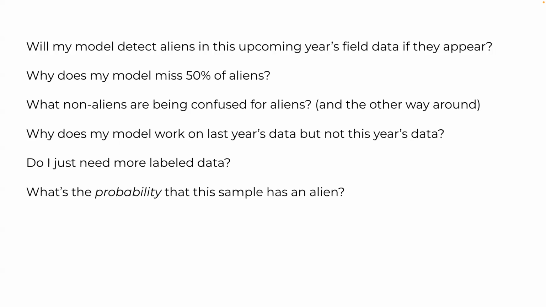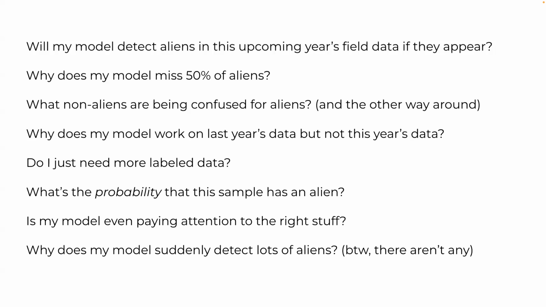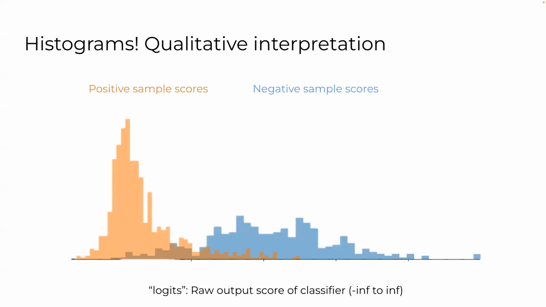What is the probability that the sample has an alien? Is my model paying attention to the right stuff in my images? And why does my model suddenly detect lots of aliens when I happen to know that there actually aren't any? Those are the kinds of questions that we need to probe the model for, beyond just our validation metrics.